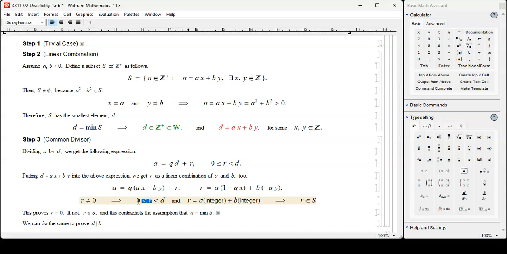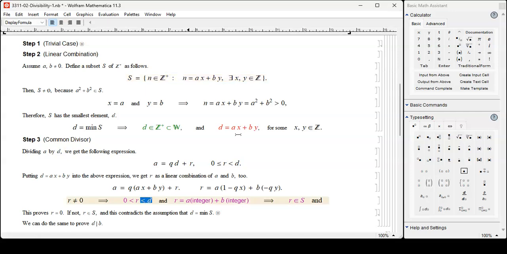Greater than 0, which I just highlighted in purple, and it is a linear combination form, again purple. And that generated this, which I highlighted in purple. R belongs to S. That's the definition. You see that? Linear combination, and it should be positive. So positive and that.